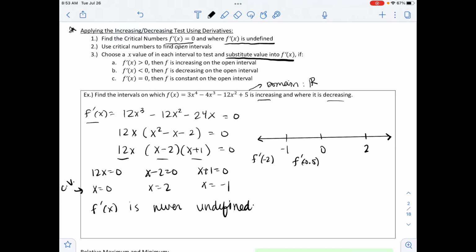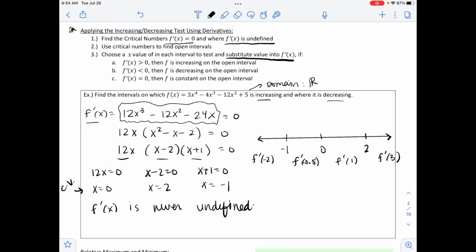Something between 0 and 2, I'm going to select 1. And something larger than 2, I'll just select 3. And so what we need to do is substitute these into our derivative, which we found, and I'll go ahead and underline that or box it.